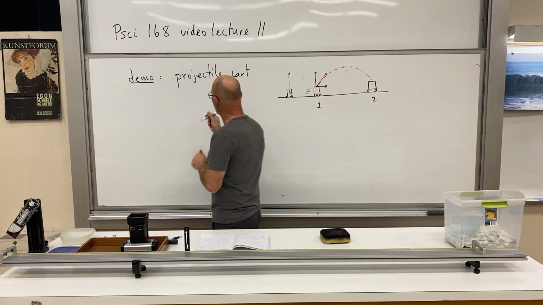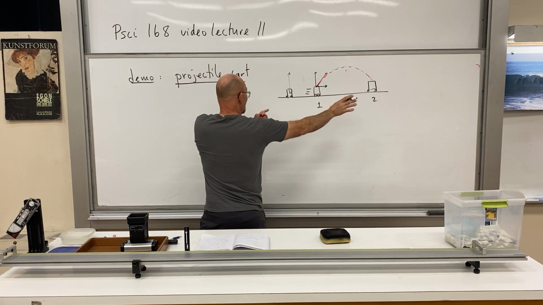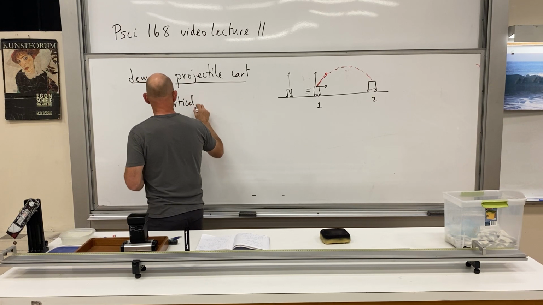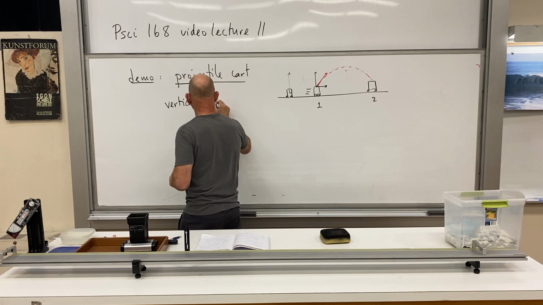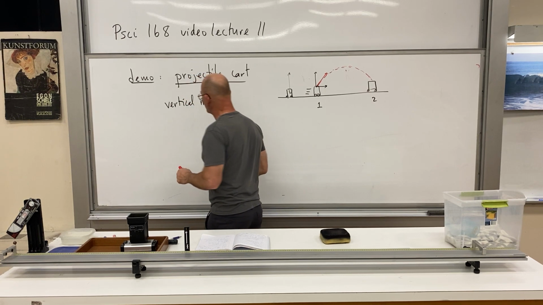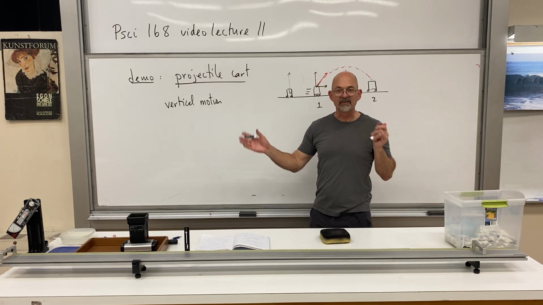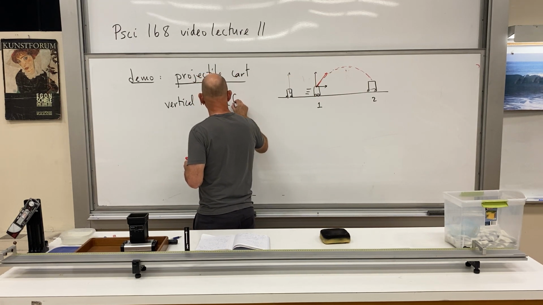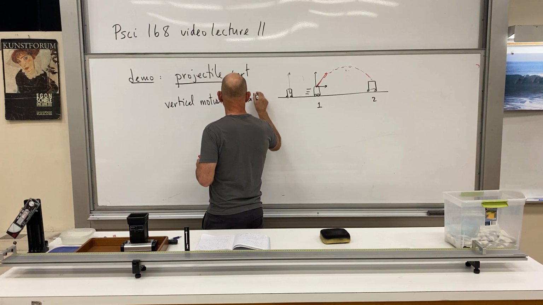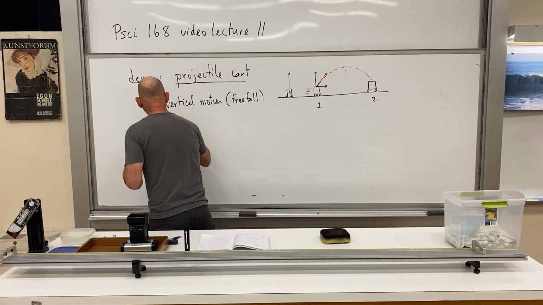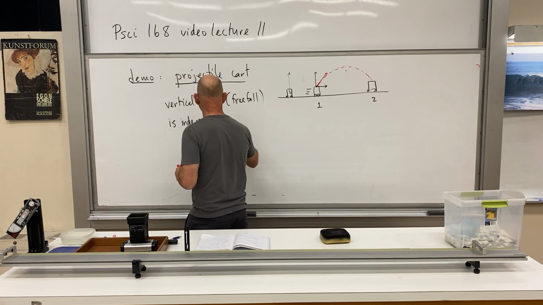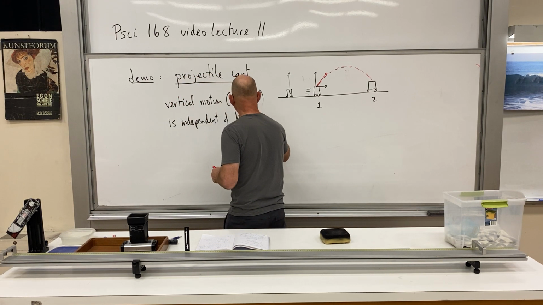So that's what I'm going to put down here. Projectile cart, you guys write, catches the ball. Vertical motion. And what was the vertical motion? Free fall, accelerated motion, is independent of the horizontal motion.